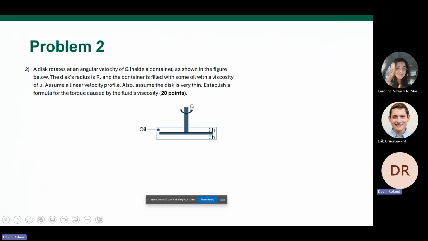Yeah, the torque. So this is basically just like that, but because you have oil on both sides of the disc, you multiply the derivation by 2. But I will go back and record a video. That way y'all aren't having to stay here, and I'll upload it and show that derivation.